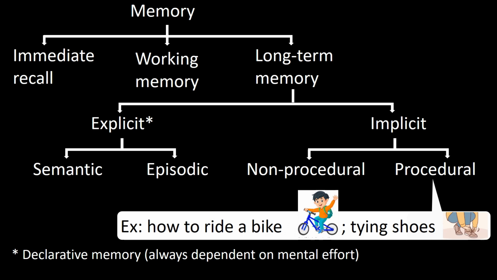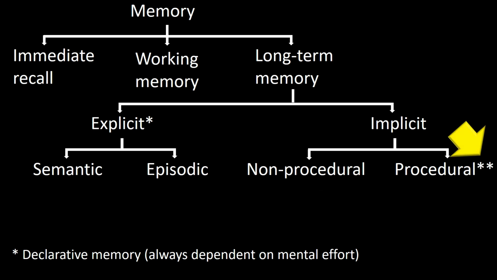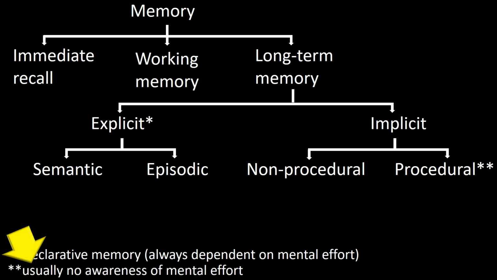For example, how to ride a bike. To the side of the term procedural memory, I have added 2 asterisks to emphasize that such activity usually requires no mental effort.